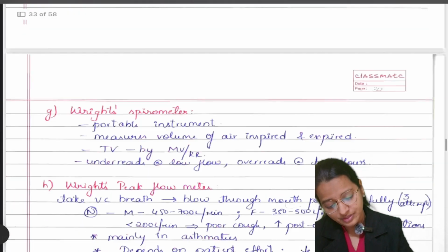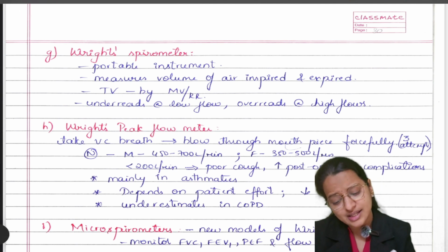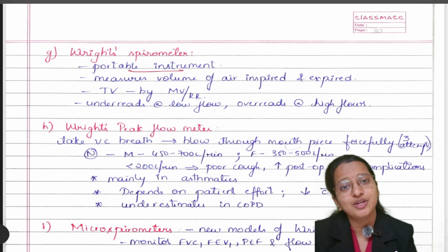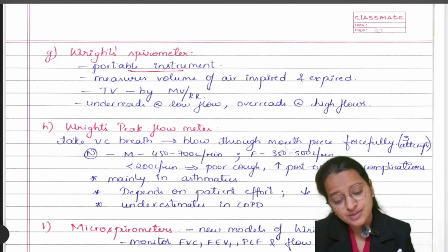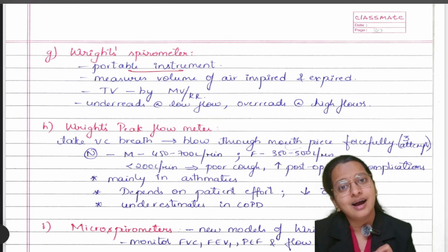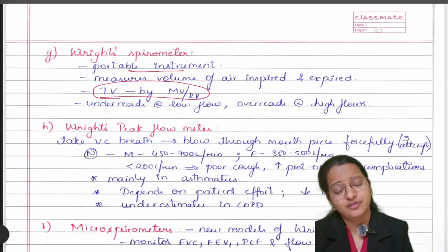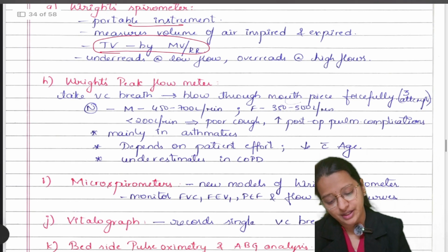Next, spirometer. We have already seen about spirometer. It is a portable instrument and we can measure different volumes, but it underreads at low flow and overreads at higher flows. We can also determine the tidal volume by the formula minute ventilation over respiratory rate.